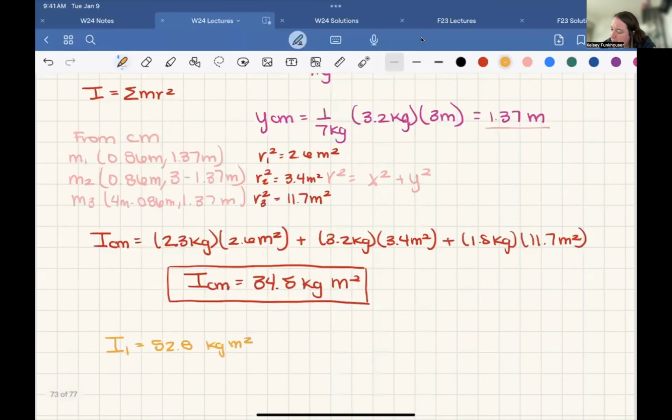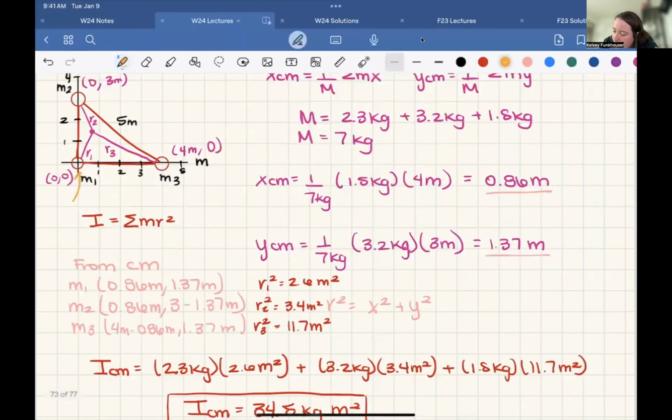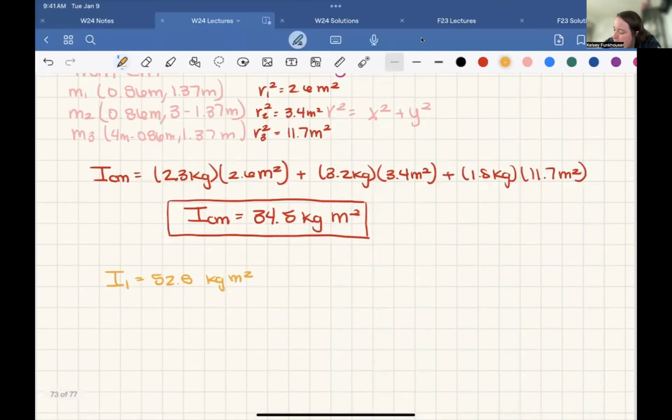And since that axis goes through mass 1, our h, the distance between that axis of rotation and the axis through the center of mass, is just R1. We already found that, and we actually already found it squared, so that's nice. h squared equals R1 squared, which is 2.6 meters squared. And we know the total mass is 7 kilograms. I think that's everything we need.